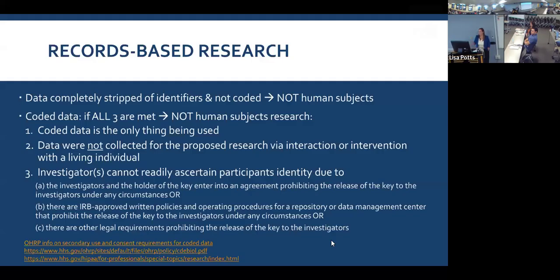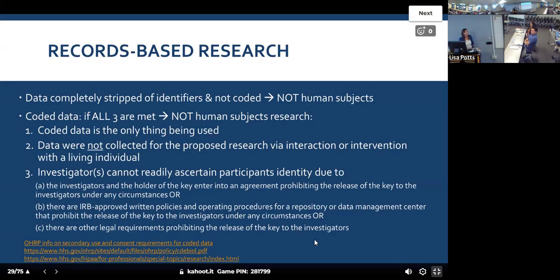I have a project in now where it was both. So we do want the records-based research application separately because there are totally different questions that we ask on there. But it doesn't have to be to the extent of what is provided in that other.